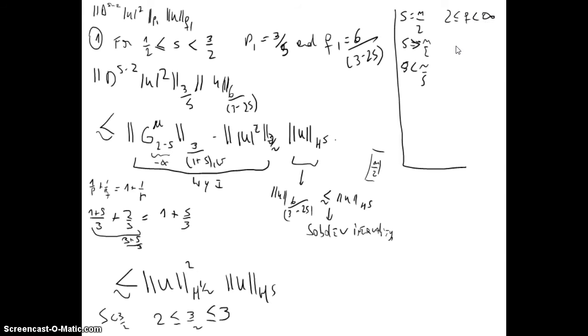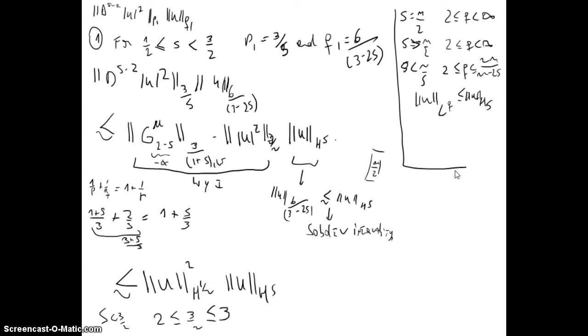Then we have in this case 2 again, and this case was the special one: 2 less than or equal to q less than or equal to 2n over n minus 2s, and this was for the norm of u in L^q less than or equal to the norm of u in H^s. That's where this and this other bound came from.